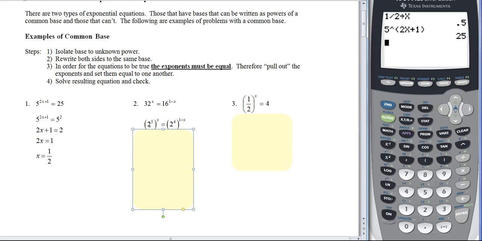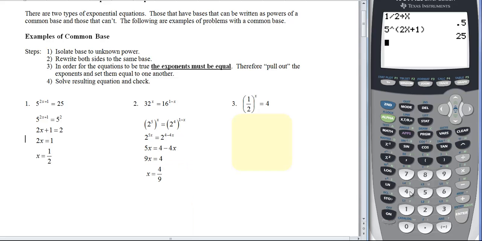So the left hand side becomes 2 to the 5x, and the right hand side becomes 2 to the 4 minus 4x. Now my bases are the same. Pull out my bases, set the exponents equal to one another. So I'm going to add 4x. That'll give me 9x equals 4, or x equals 4/9.